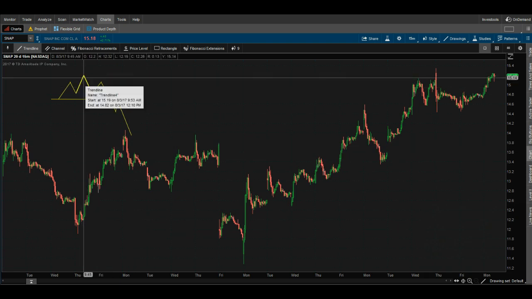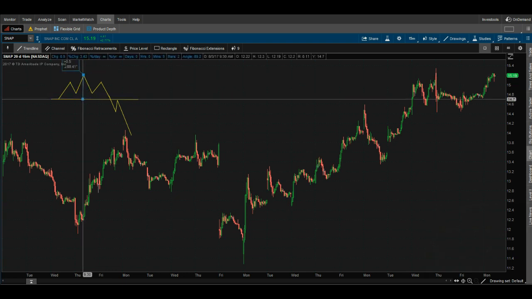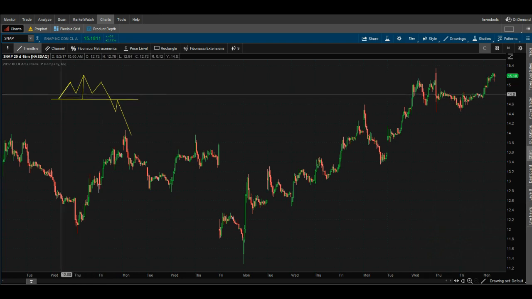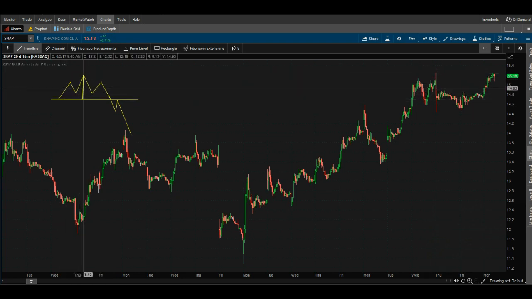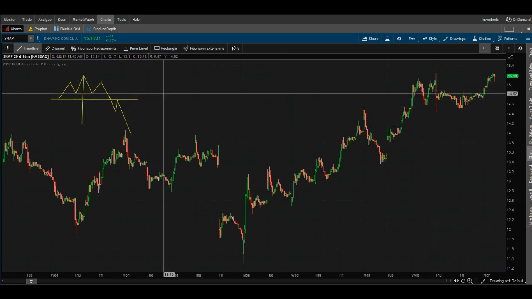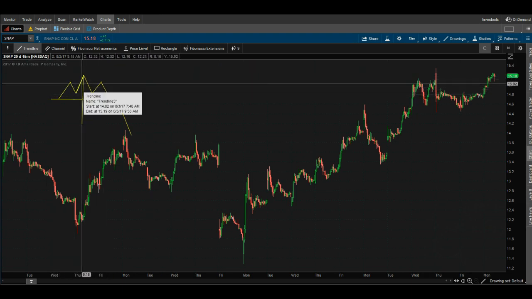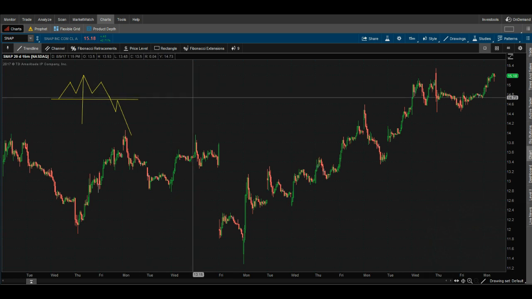Now, remember, with patterns, the way to measure moves, measured move patterns, is usually by 100%. So from this high to this low right here, the support level where the pattern starts to form, just duplicate that, and that becomes your target. Now an inverse head and shoulders is the exact same thing as a head and shoulders, just upside down.